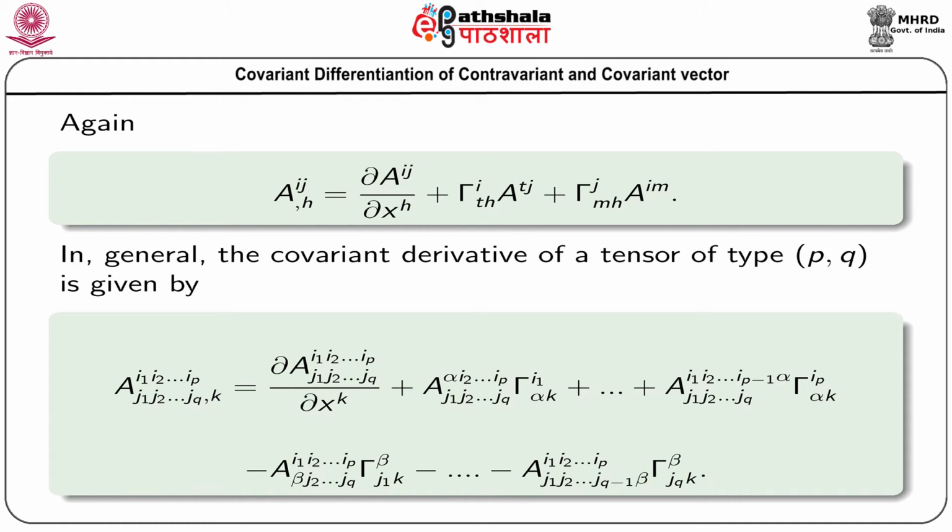This is the expression, and for a covariant index the negative sign is coming, and for a contravariant index positive signs are coming.